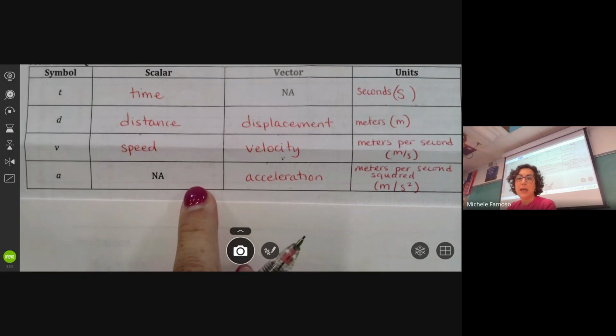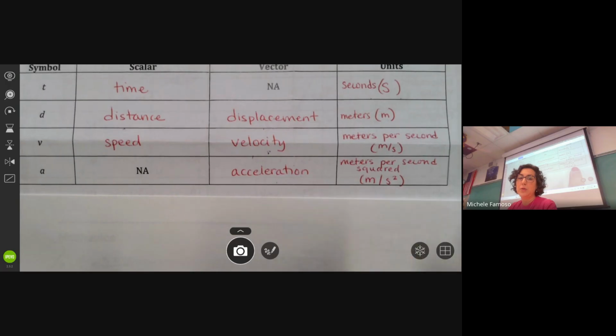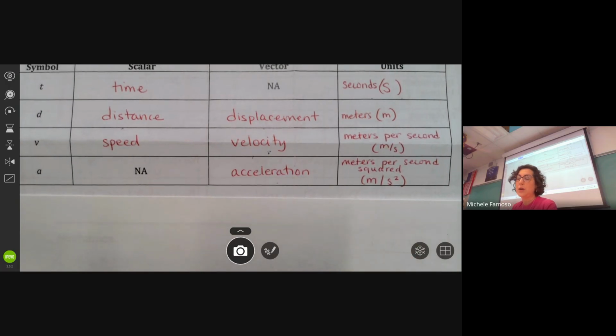It will never be a scalar, and it is always measured in the unit of meter per second squared, which is abbreviated m over s squared.